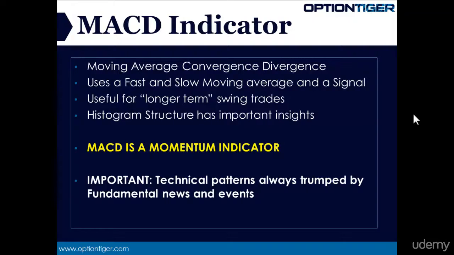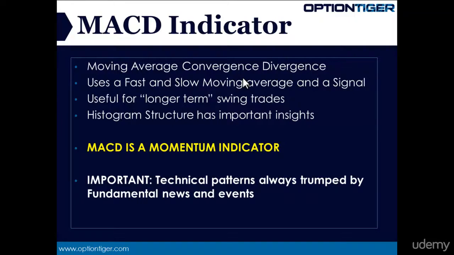In general, the MACD indicator is better suited for longer term swing trades. If you're in a day trading cycle, I don't think the MACD indicator will work very well. That's because it uses the 26 period for the slow moving average and the 12 period for the fast, and the signal is a 9 period, I believe.